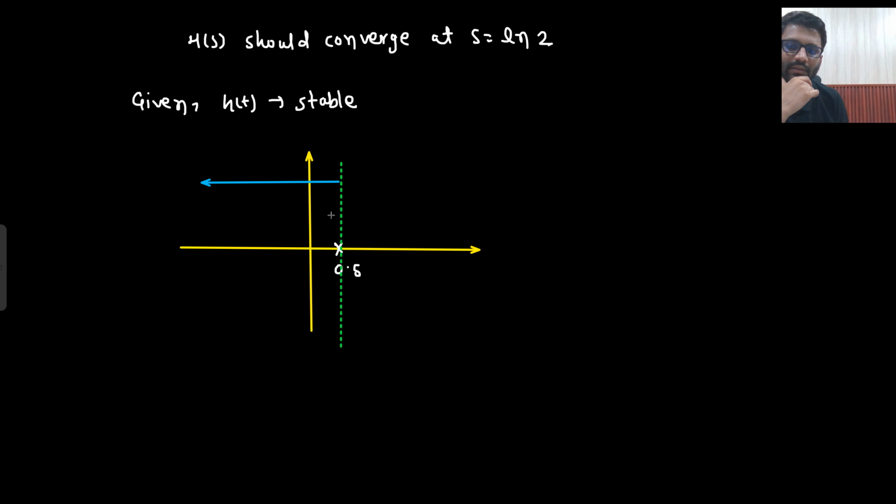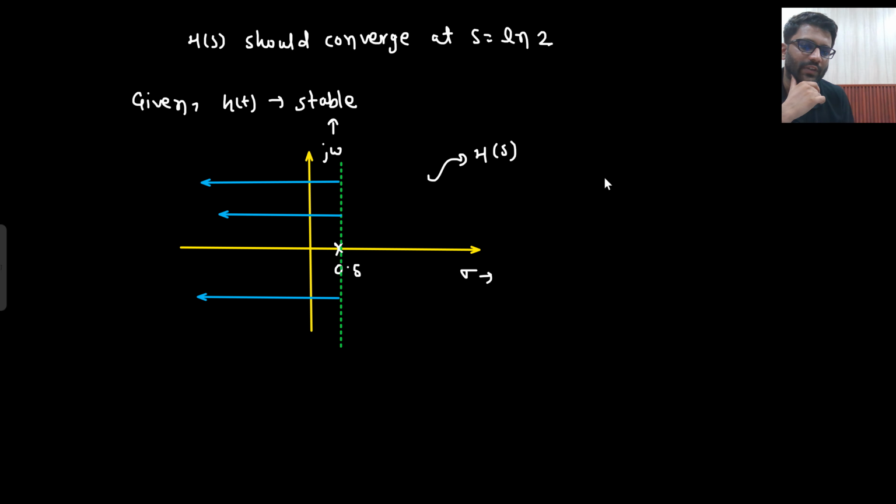This is the s plane, sigma j omega, for H(s). I am saying that the ROC of H(s) is real part of s less than 0.5. So is it stable? Yes.